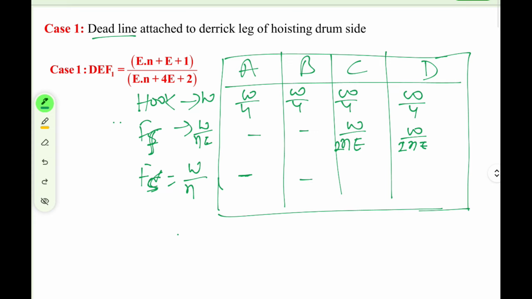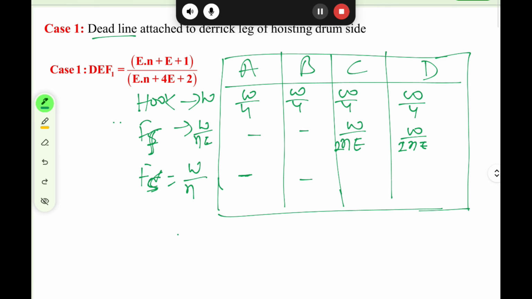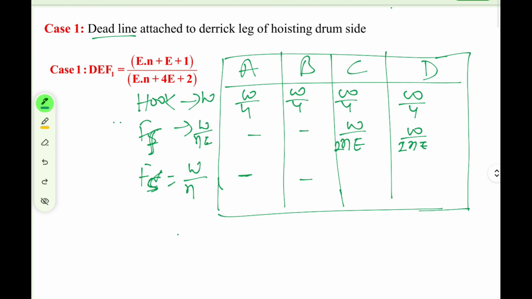Let's suppose I have attached it at C. So this W by N dead line is attached over here, right? So we can clearly assume that the maximum load is acting on C.